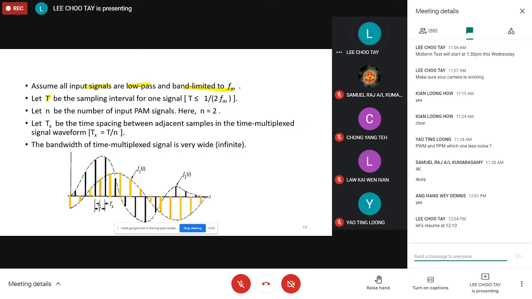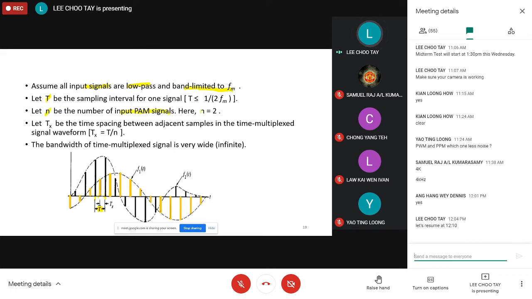And that means this is your T. I sample F2 at this instant. The next time I sample F2 again is at this instant. So the interval between 2 samples for one signal is capital T. And let N be the number of input PAM signals.